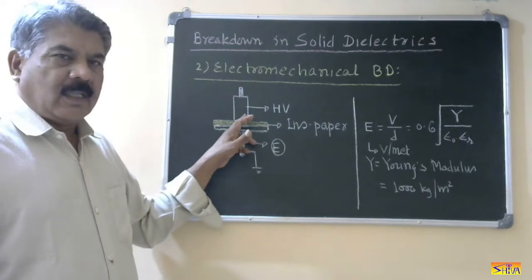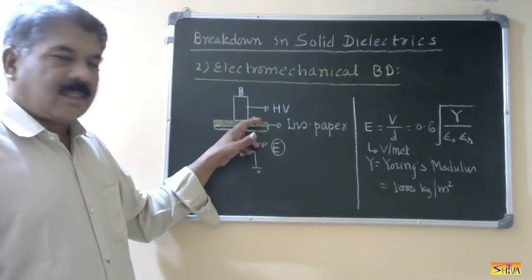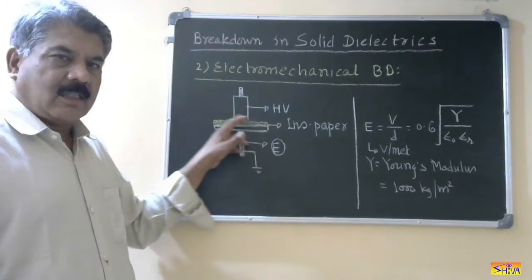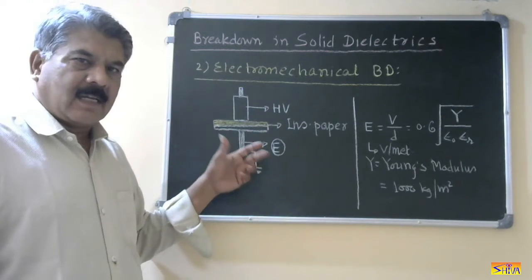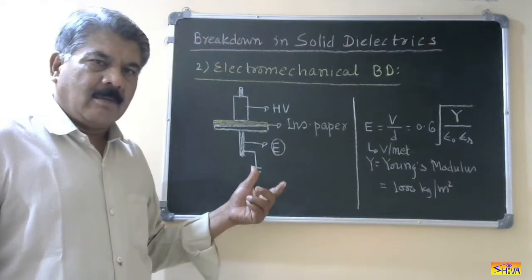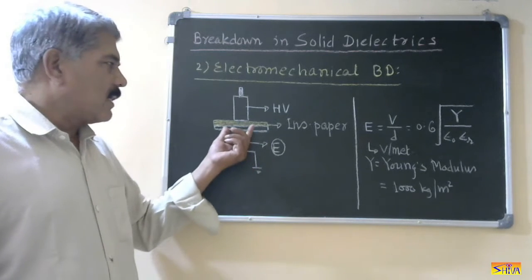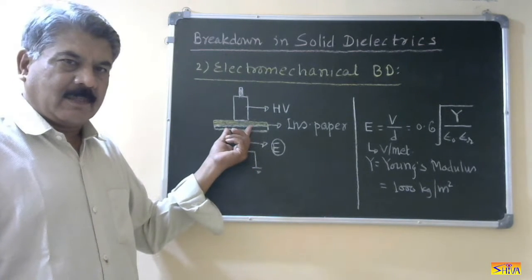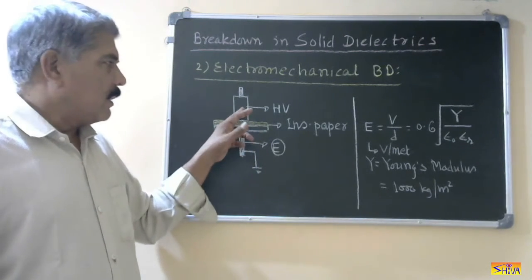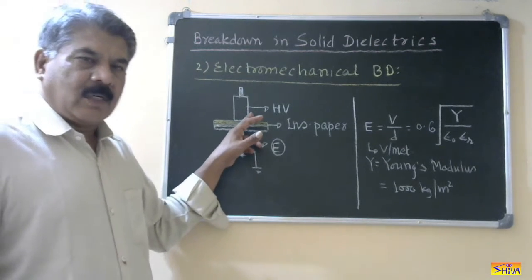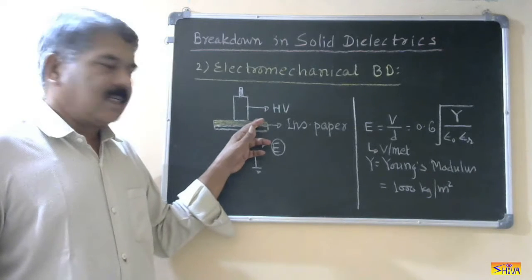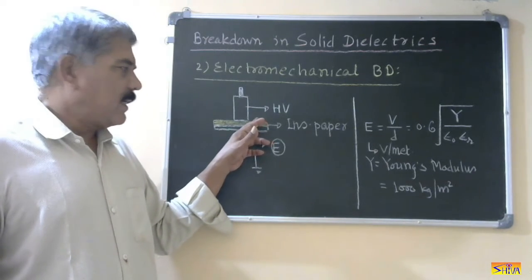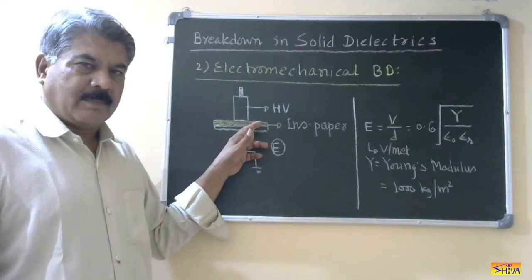Now, when we go on increasing the voltage, charges start accumulating on the surface of this insulation paper. As a result, charges of opposite polarity but equal in magnitude start accumulating on the other surface. I will repeat. When we start increasing the electric field, charges start accumulating on the surface of this insulation paper.